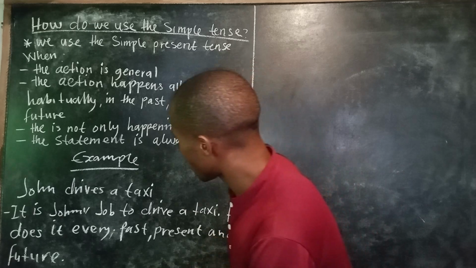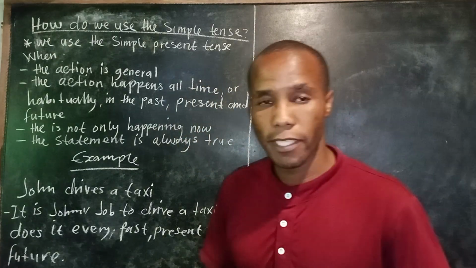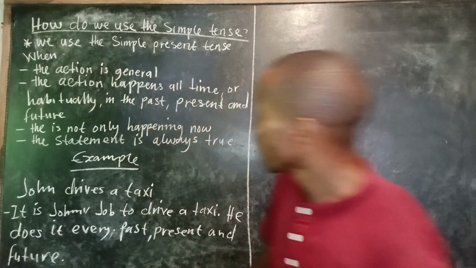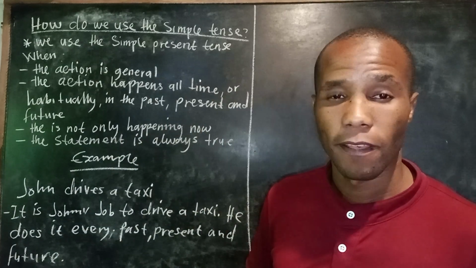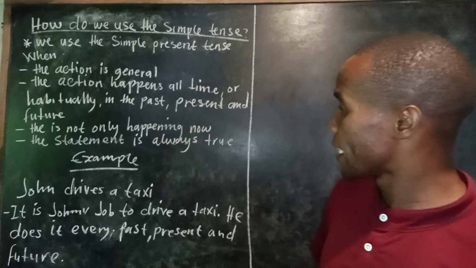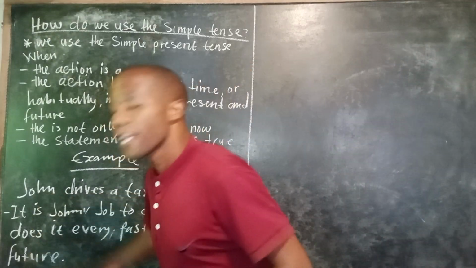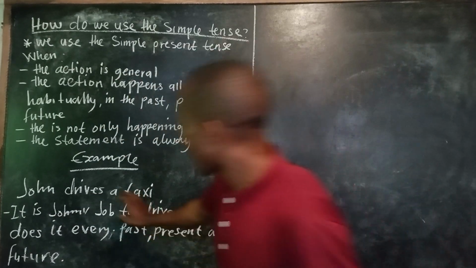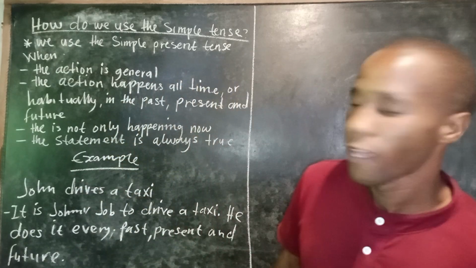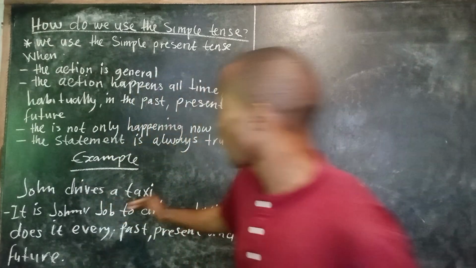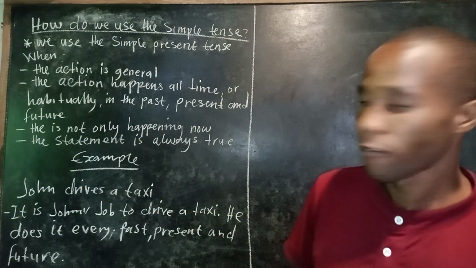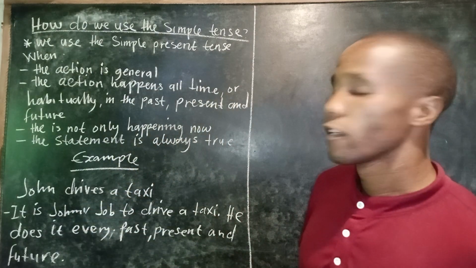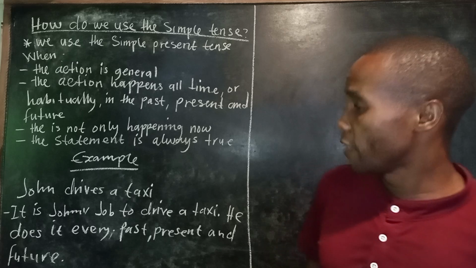So the examples that we can get out of there, the first one is the one that we have there. John drives a taxi. Remember, this is the third person singular. So no wonder on the action word you are seeing the s, because drive is spelled as drive, so now s is added there.